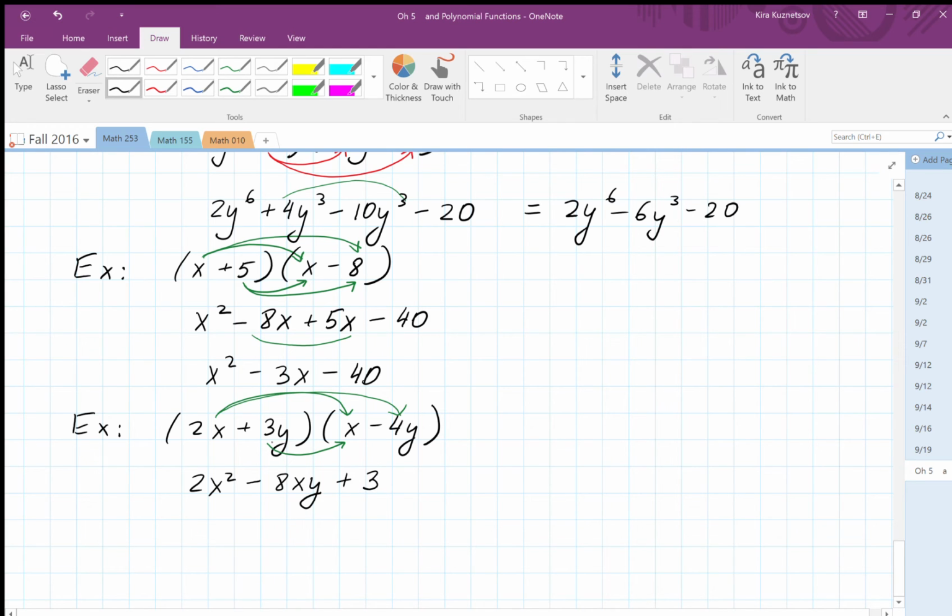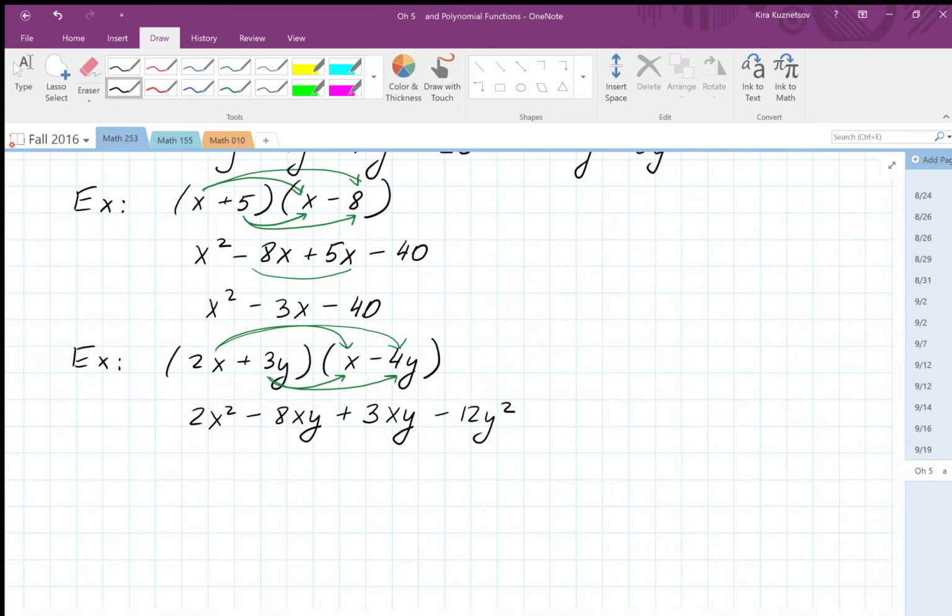Either you write it as yx or xy. I'll keep it as xy because now you can see that these are like terms. And last, positive 3y times negative 4y is a negative 12y squared. The middle term can be collected. So 2x squared, negative 8xy plus 3xy becomes negative 5xy, and then you have your negative 12y squared.